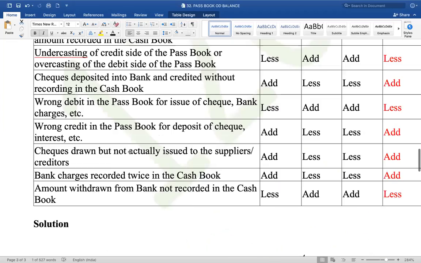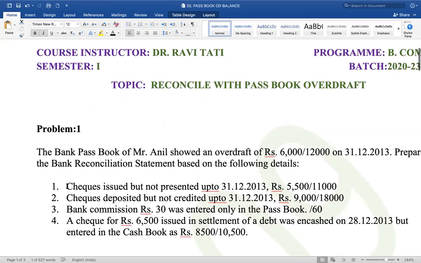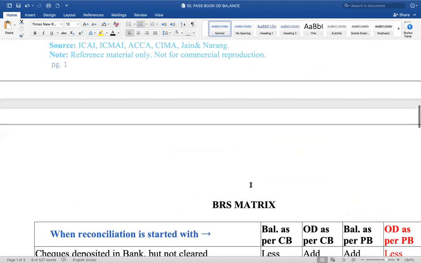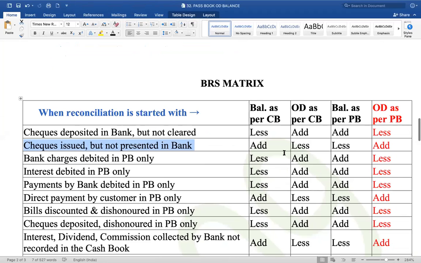Now, checks issued but not presented. Checks issued as per the matrix, checks issued but not presented in the bank. If this is the scenario, what you have to do, you have to add.